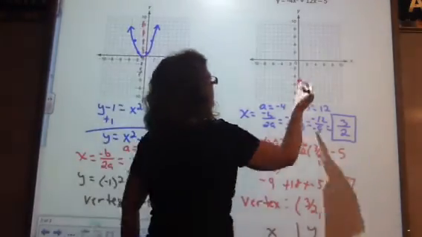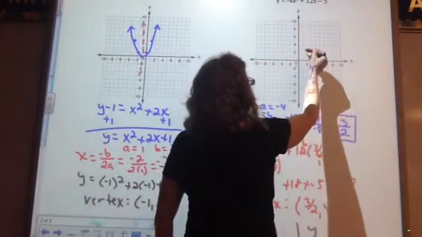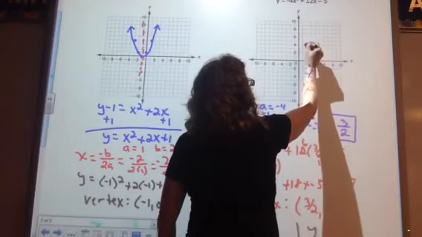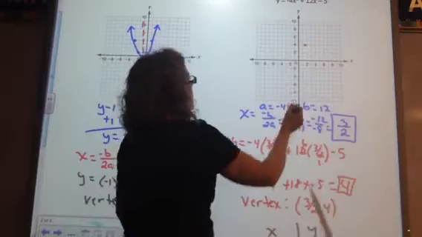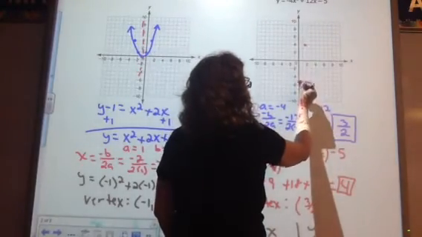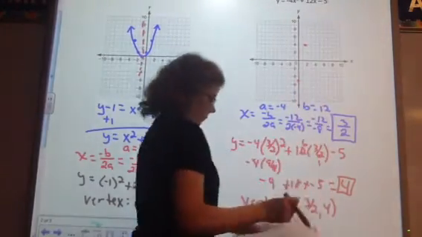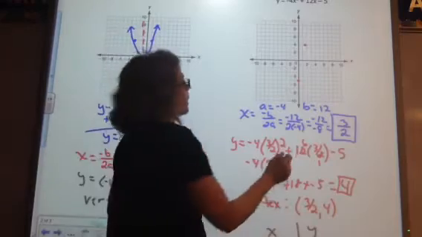Okay, the vertex is positive 1.5, 4, so it's going to be about right there. And then I have 0, -5, and I have 1, 3.